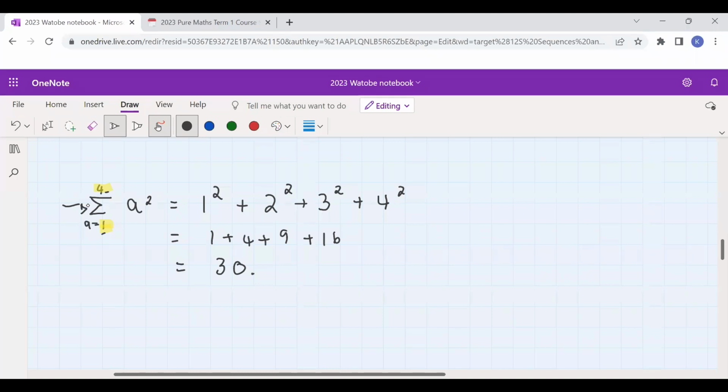In this case, there's only 4 of them, and I did it on purpose so that we can actually write it down and see what the answer is. So now I just wanted us to understand the notation. There we go, we understand much better.